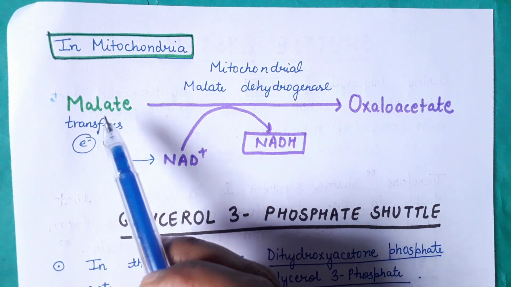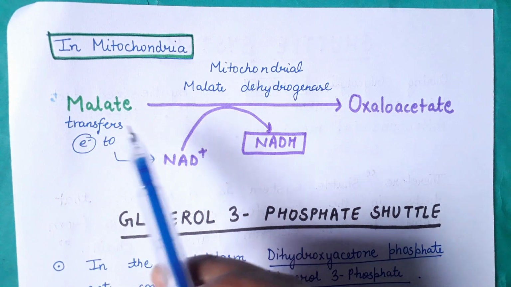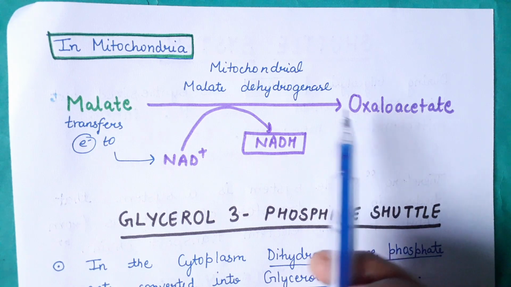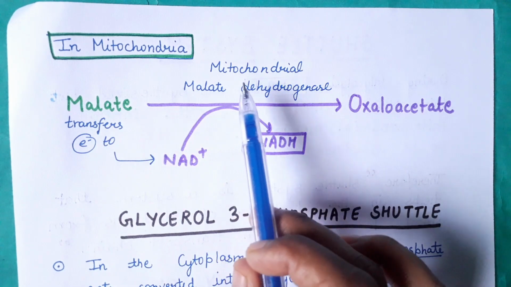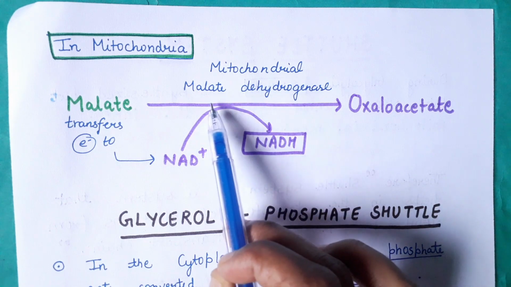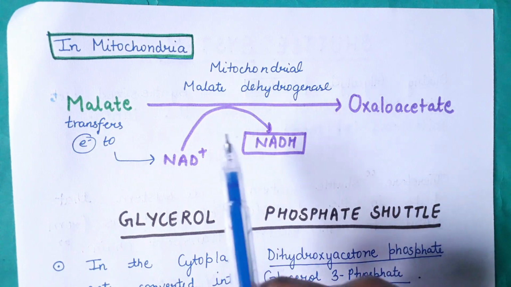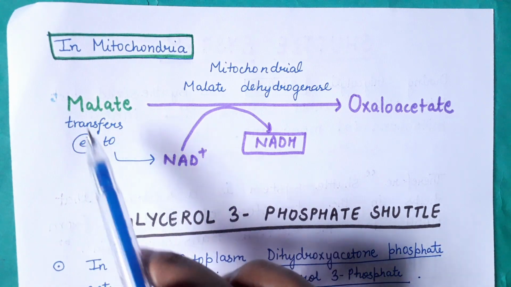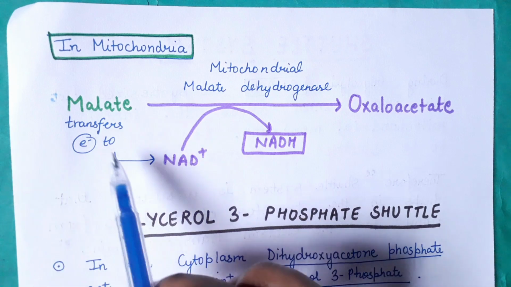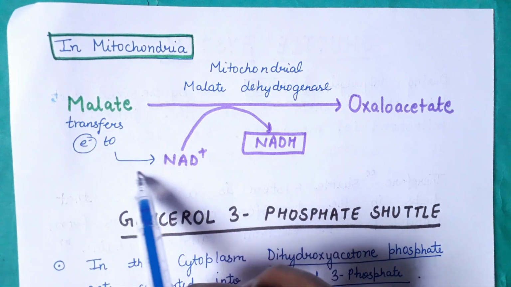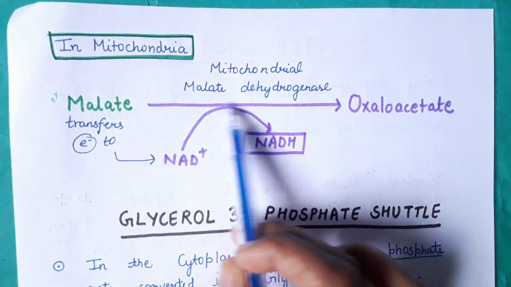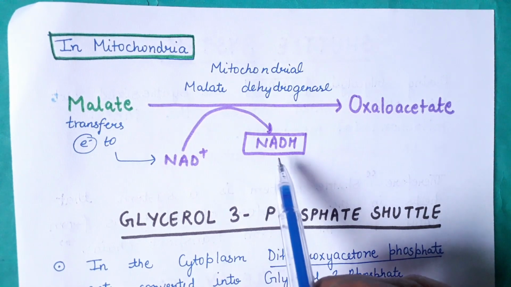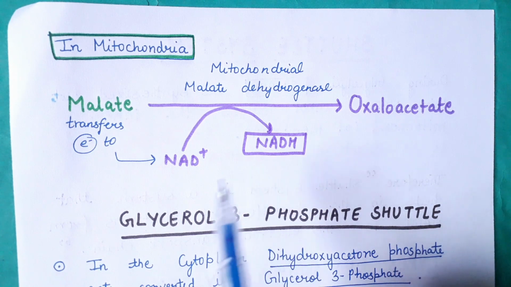As this malate enters the mitochondria, it gets converted into oxaloacetate again by means of the enzyme mitochondrial malate dehydrogenase, and in this process the malate that is carrying the electrons of the NADH transfers these electrons to the NAD, and ultimately there is production of NADH in the mitochondrial matrix.